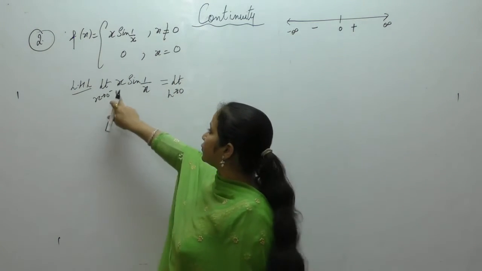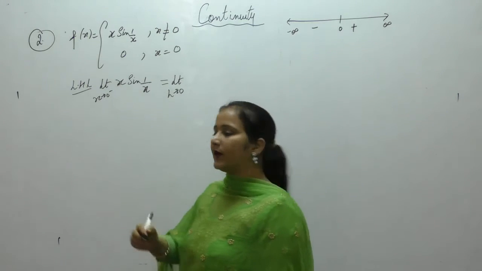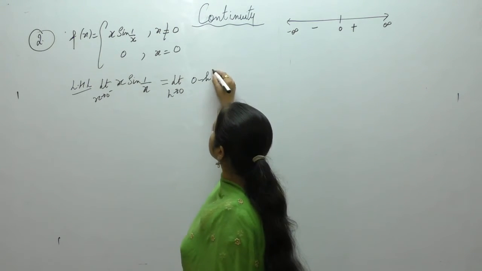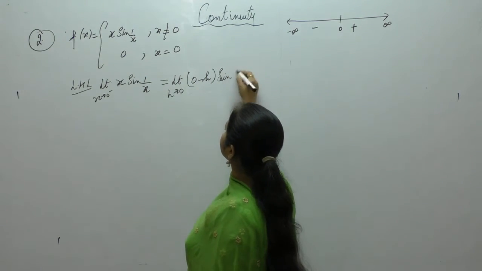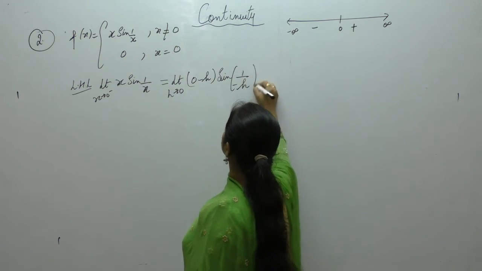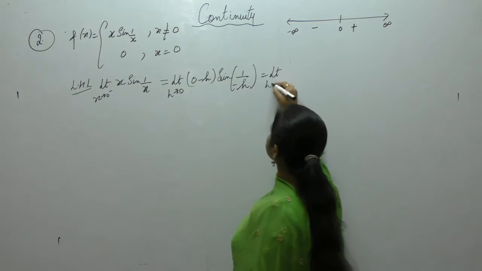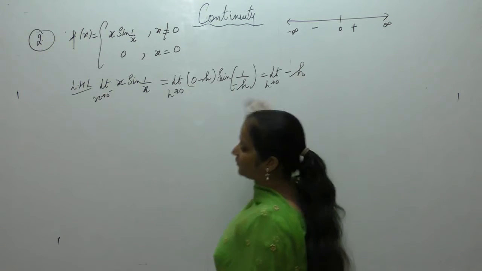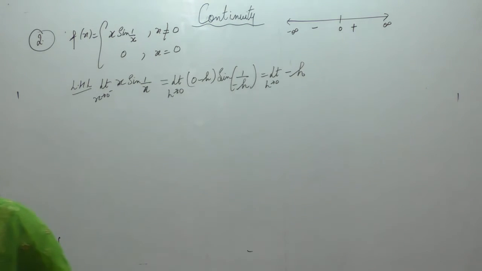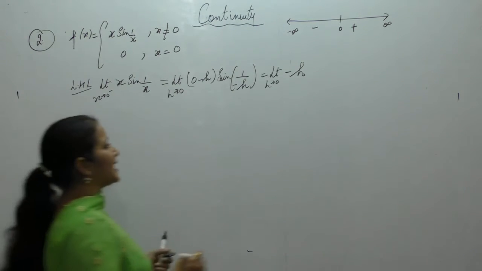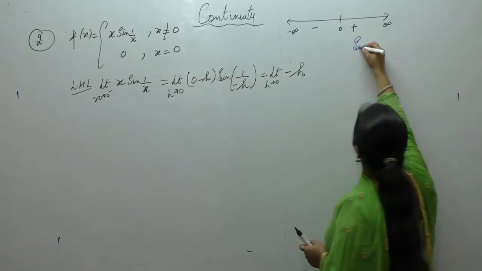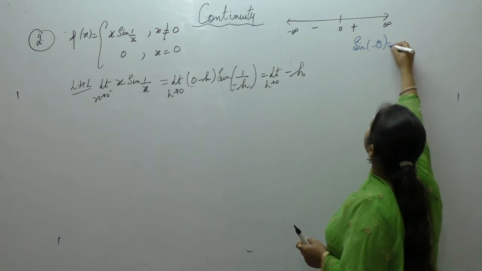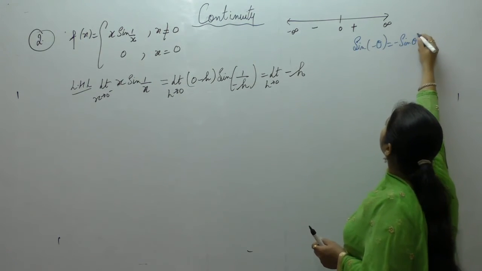Then what we have to do? Instead of x we put the value 0 minus h. 0 minus h is minus h. Limit h tends to 0, negative of h. Now sine of minus theta is minus sine theta.